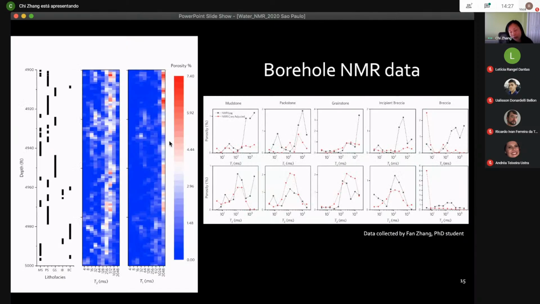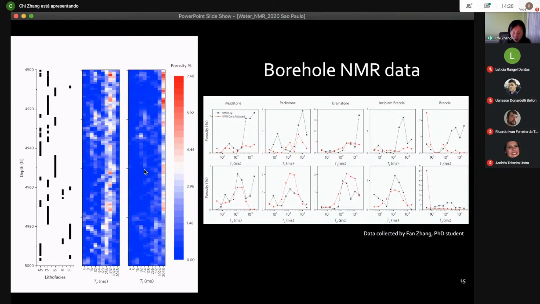So the next one I want to introduce is how we process or use the borehole NMR information. Here is an example from our Kansas Abaco Formation, and this is an effort doing CO2 sequestration into this deep formation, which is about 5,000 feet deep, and trying to sequester the CO2 into this formation.